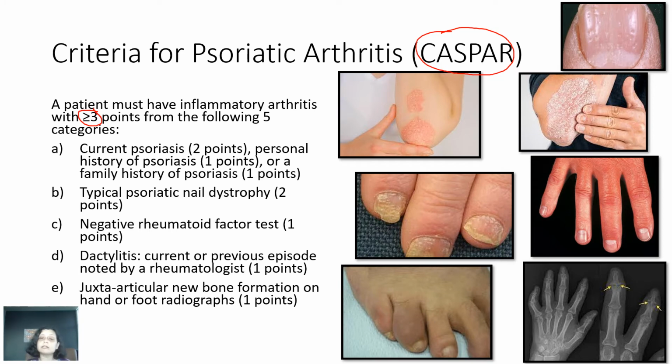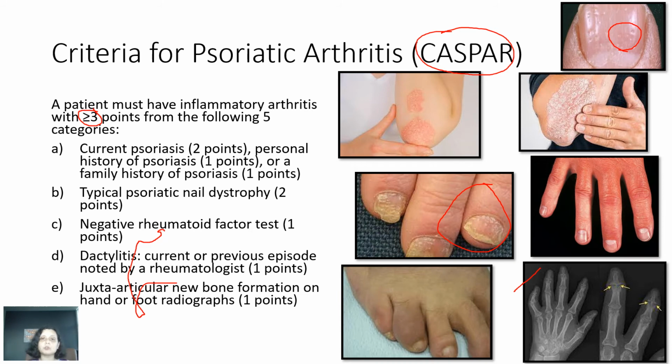Skin psoriasis also affects the nails, which could give rise to pitting of the nails or flakiness of the nails, just shown over here. They need to have rheumatoid factor negativity, and they need to have dactylitis or some changes on the x-rays as seen in this panel. So if you earn 3 or more points, you get diagnosed with psoriatic arthritis.